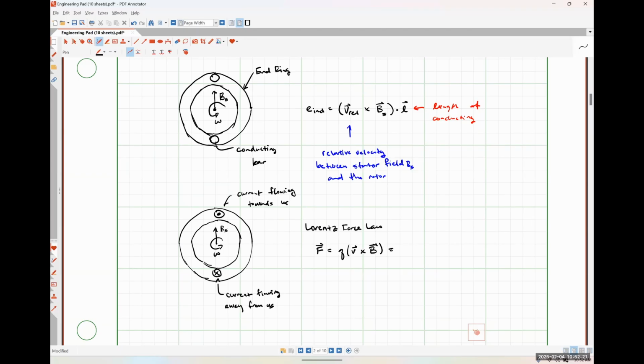And QV is the exact same thing as current I multiplied by our length, crossed into our B field, okay?